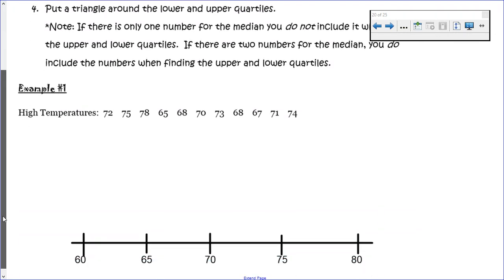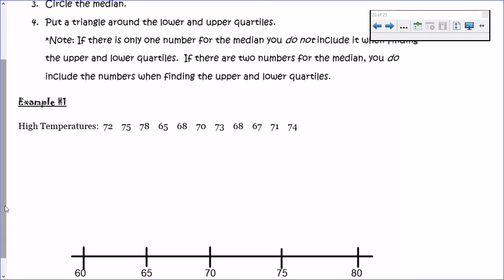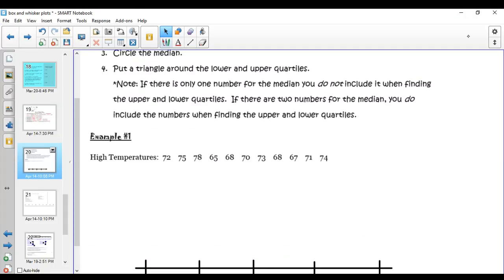It says high temperature. So we have a list of temperatures here over a given period of time. First, we want to list those from least to greatest. I'm going to have to go back so I can get my pen.